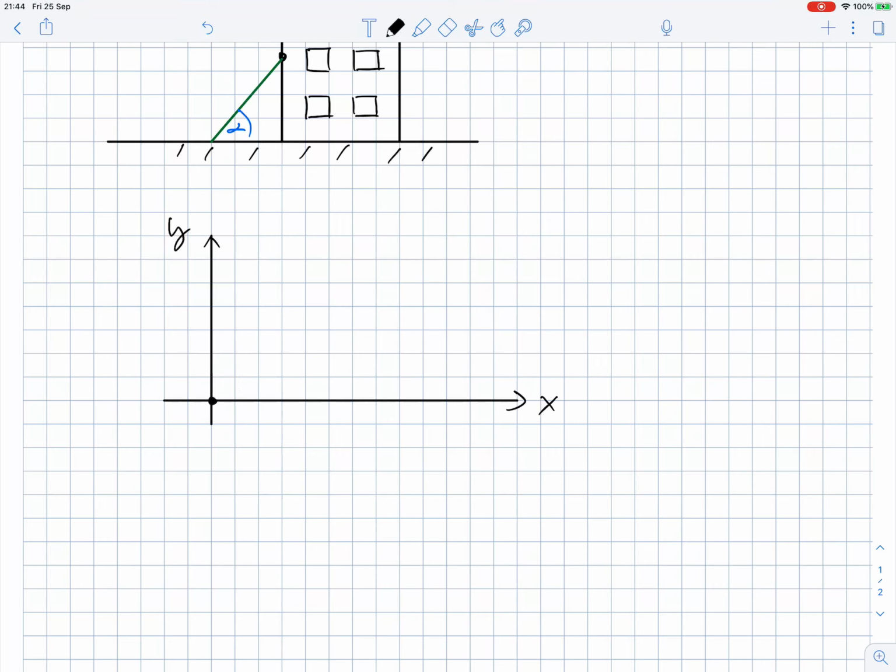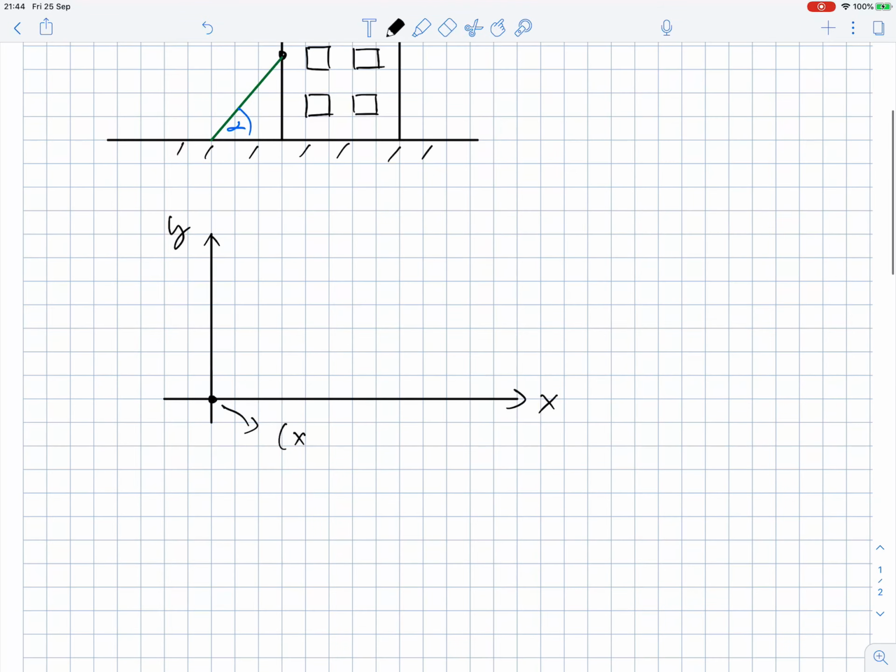This crossover point is called the origin of the axes, where x equals 0 and also y equals 0. At this point, we won't talk about units of x and y like meters, kilometers. We'll just use them as numbers.